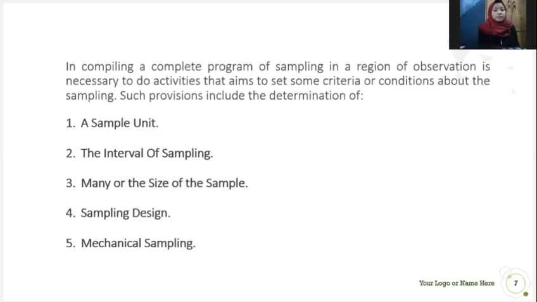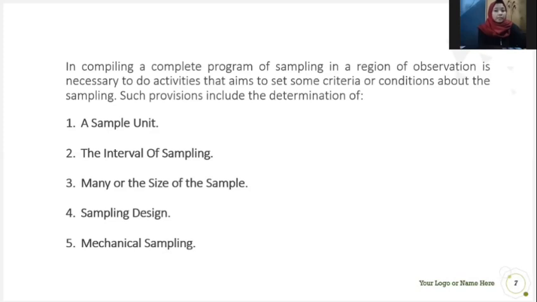4. Sampling design. There are some patterns that can be used to assign some sample units of the overall population to be observed as a member of the sample. The most ideal pattern is random sampling. 5.